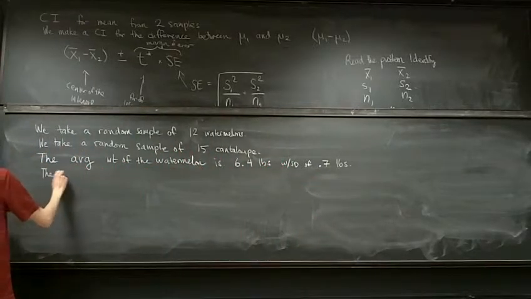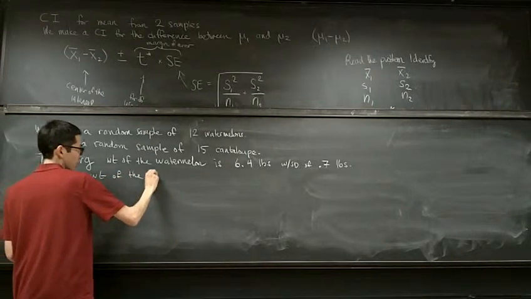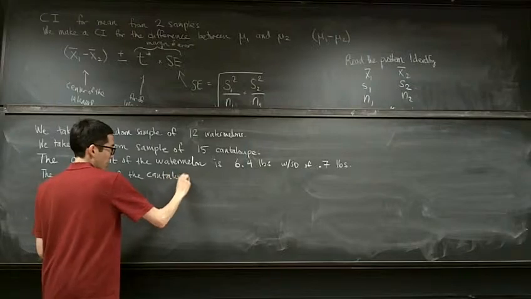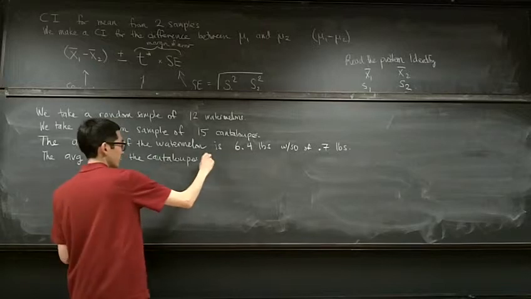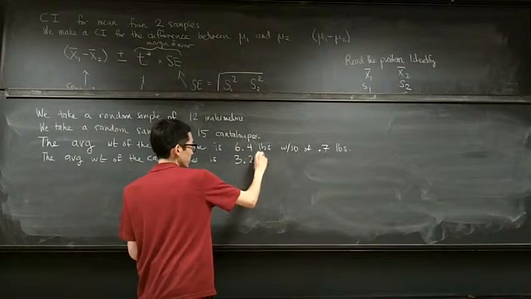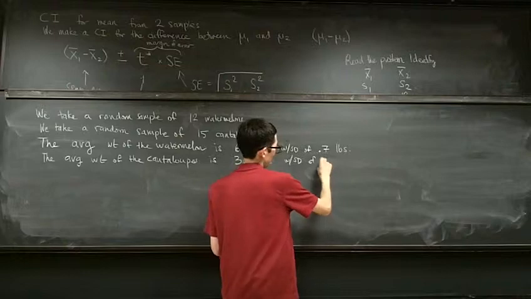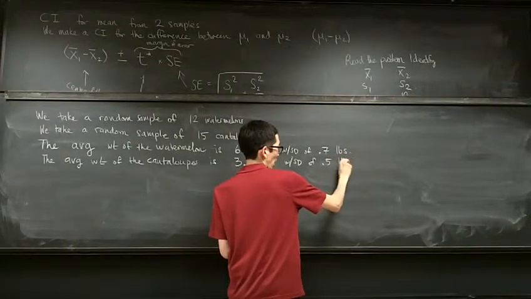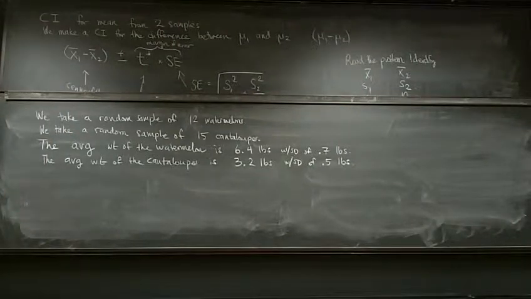And the average weight of cantaloupe is 3.2 pounds with a standard deviation of 0.5 pounds. I just made these numbers up. So if you come back and tell me the average weight of watermelon is something else, okay, that's fine.